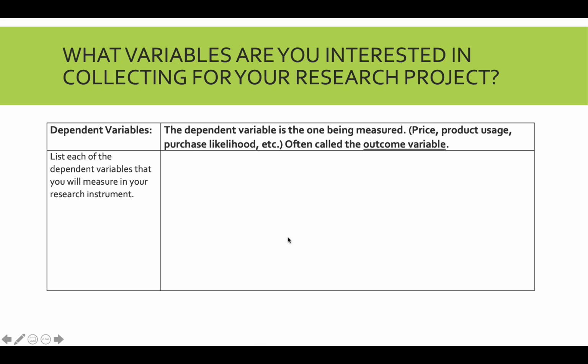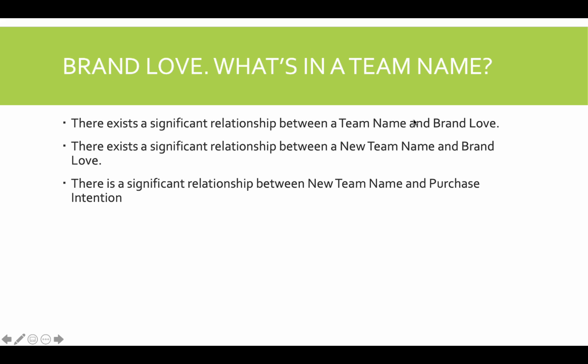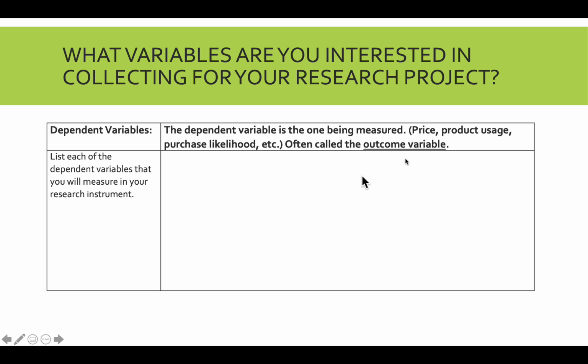So as I do my research, I want to look at the dependent variable that is being measured. If you look at this hypothesis here, I want to know the impact of brand love based on a team name. The stronger the team name, I believe the more they love the brand.